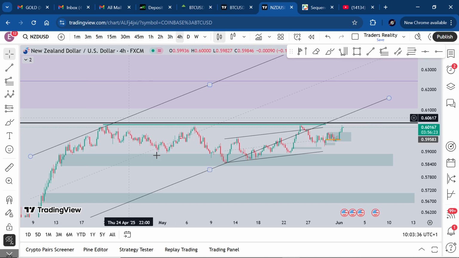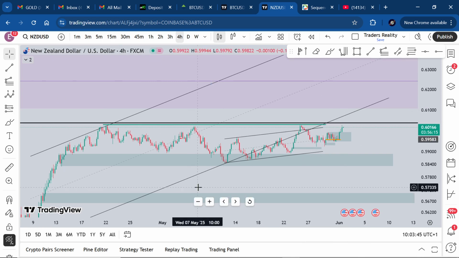All of this move is an accumulation potentially. Once we get a move above the green and the black line, then to me it is an accumulation confirmed because we have a break of structure in the desired direction.